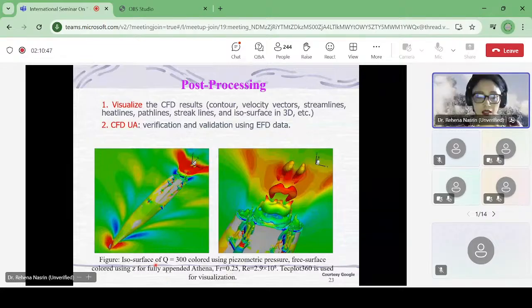And here we see the isosurface of the piezometric pressure and free surface colored using Z for a fully appended vessel. For this visualization, we can use Tecplot 360 software also.